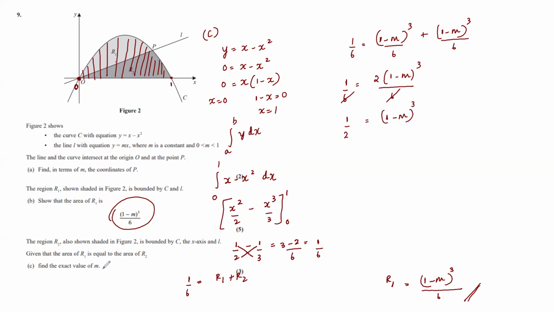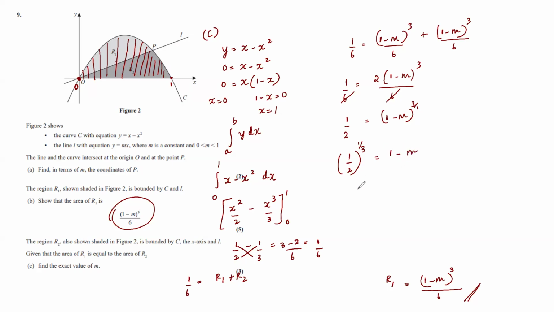We need the exact value of m. So this power of 3 goes to the left hand side and it becomes 1 by 3. Just take the reciprocal. So if you take this power to the left hand side, it becomes the reciprocal. The power will become 1 over 3: (1 by 2) to the power 1 over 3 is equal to 1 minus m.